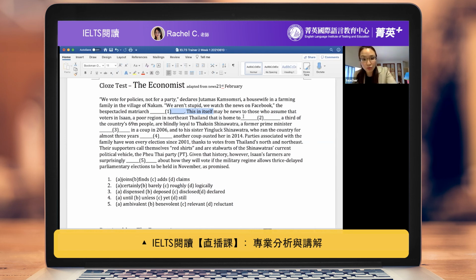So here it says roughly a third. Roughly means about, around, approximately. Right, so you say roughly a third of the country's 69 million people are blindly loyal to Thaksin Shinawatra, a former prime minister, blah, blah, blah, in a coup in 2006.